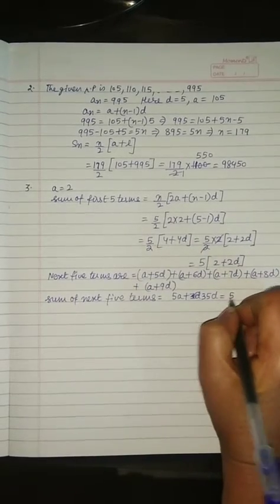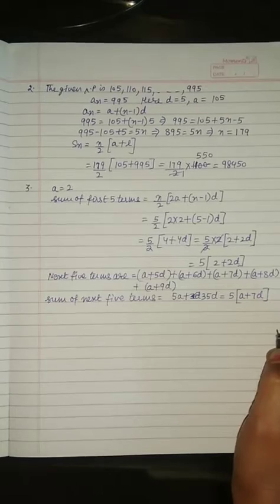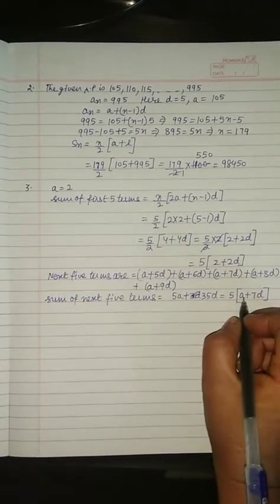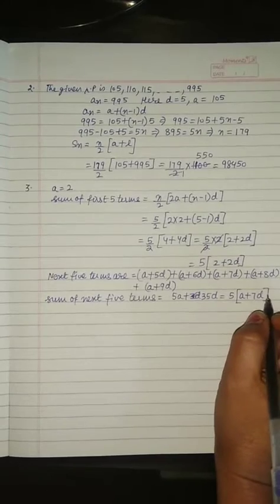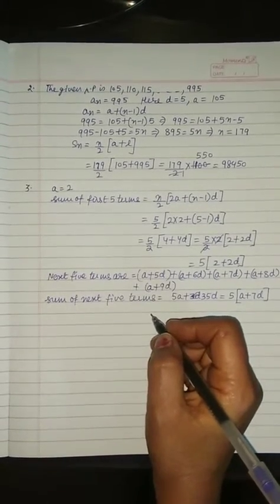Taking 5 common, we will have a plus 7d. This is the sum of the next 5 terms, and we are given a as 2. We can put the value of a here, or in the next step we will put the value of a.